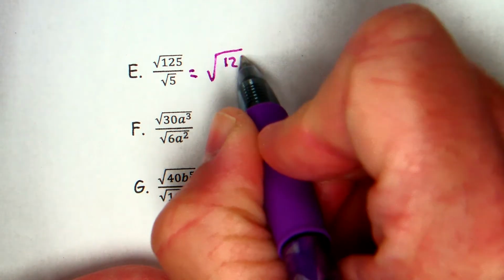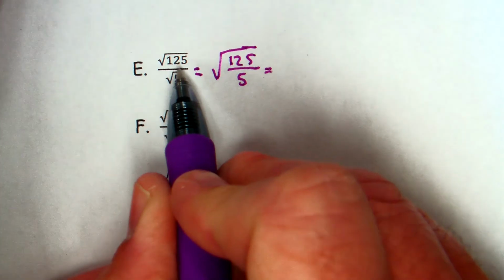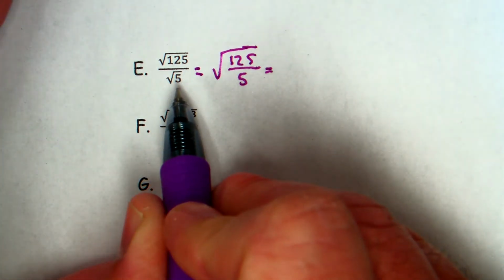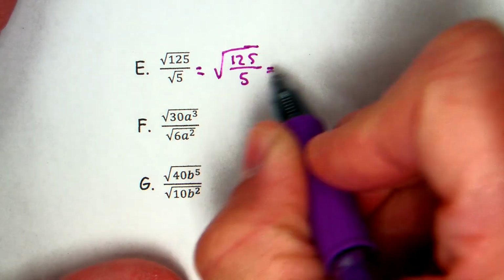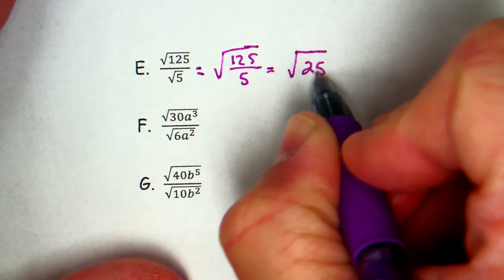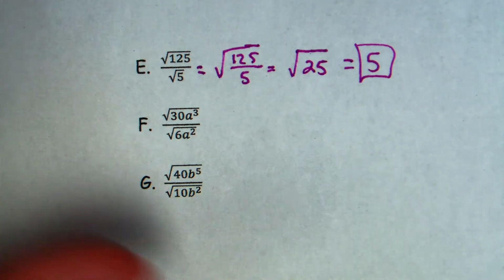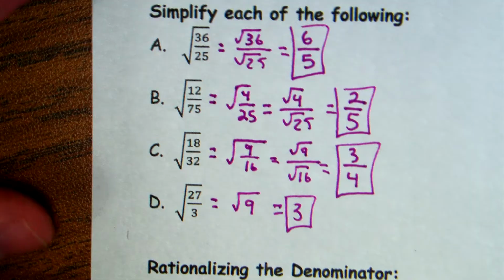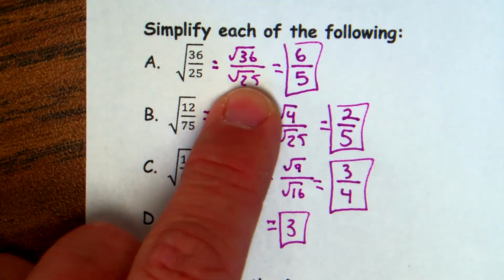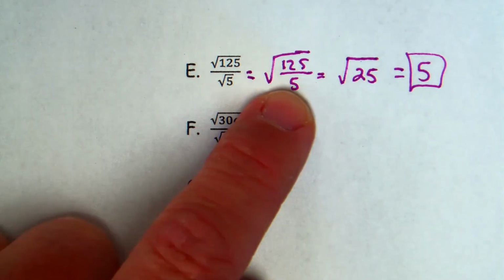In this case, that's helpful because even though the square root of 125 is irrational and the square root of 5 is irrational, if I write it as a fraction, that fraction actually simplifies to a 25, which gives me a rational number. Notice in ABC, it benefited me to split it into pieces. But in E, it benefited me to take those pieces and put them together.